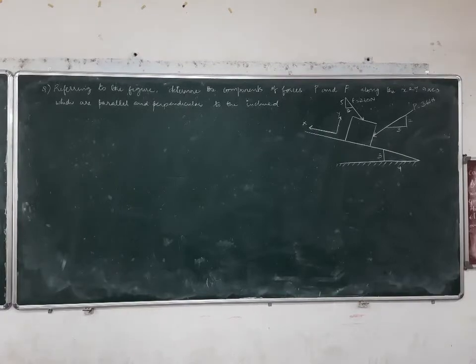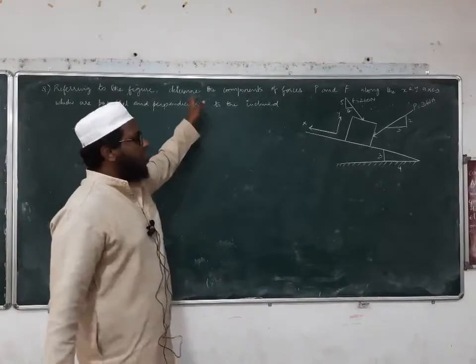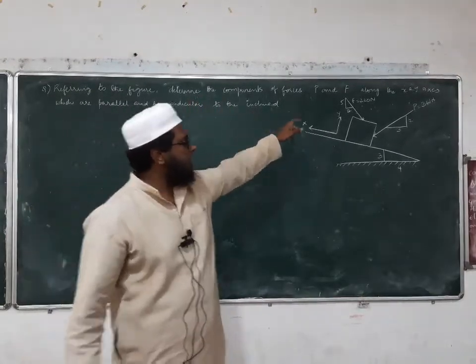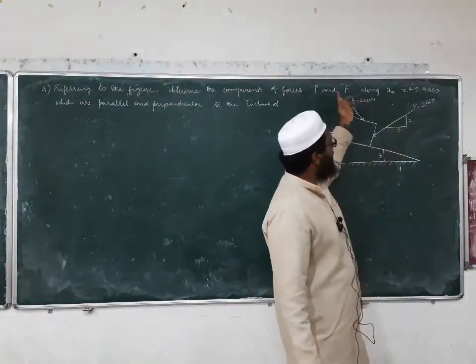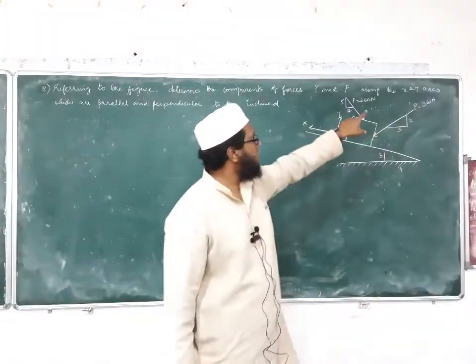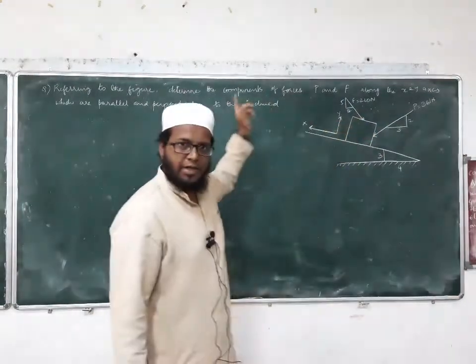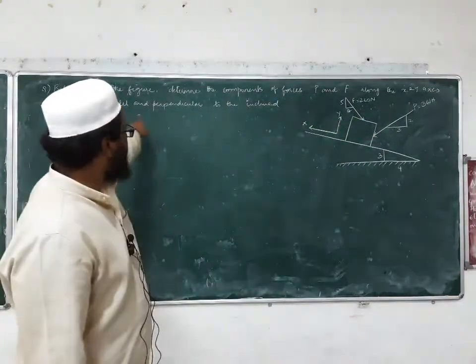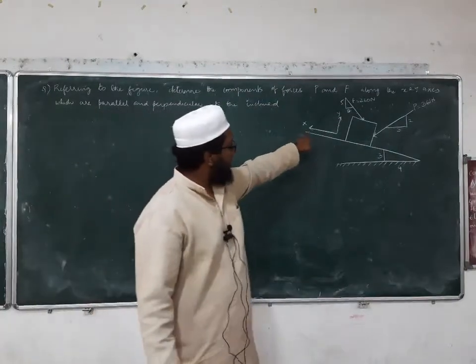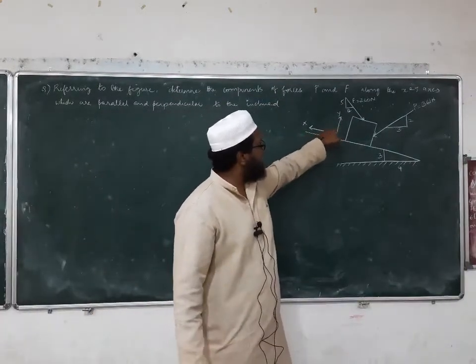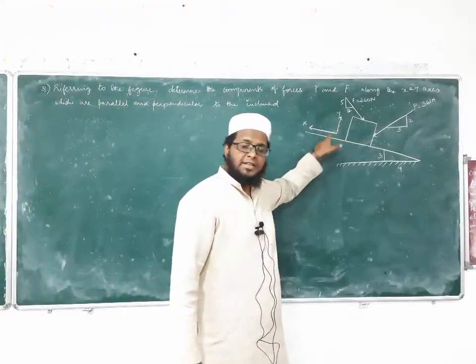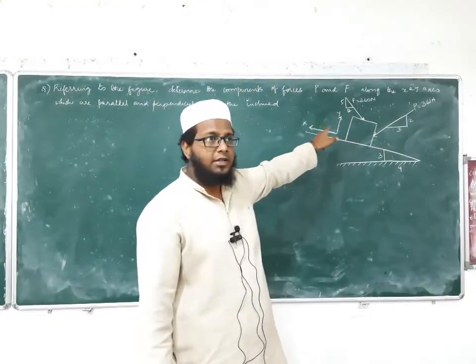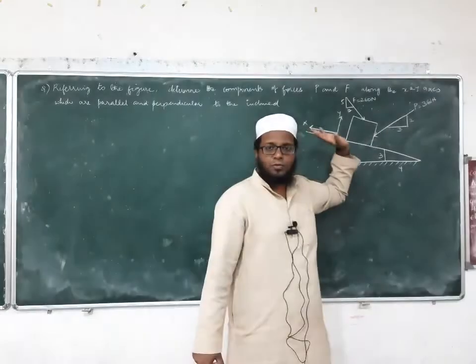So here in this figure, we have to calculate the components of forces P and F. This is force F and this is force P. We have to calculate the components of forces along the x and y axis, which are parallel and perpendicular to the incline. See here, depending upon this inclined xy axis, we have to calculate the components of these two forces.